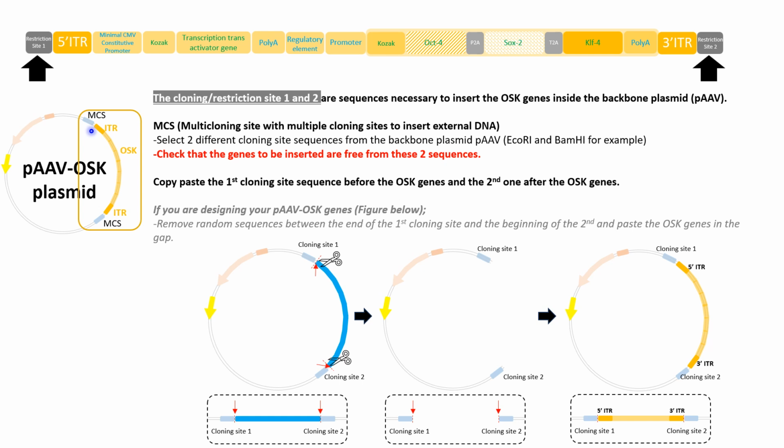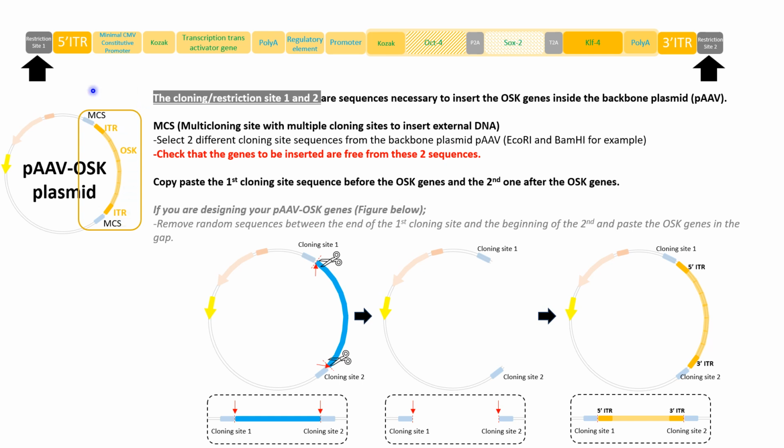So we will select the restriction site 1 and the restriction site 2. After selecting both of them, that are different, we will check that the OS genes don't have these restriction sites inside, that they are free from these sequences. Otherwise, they would be cut, okay? And this would not be nice, okay?